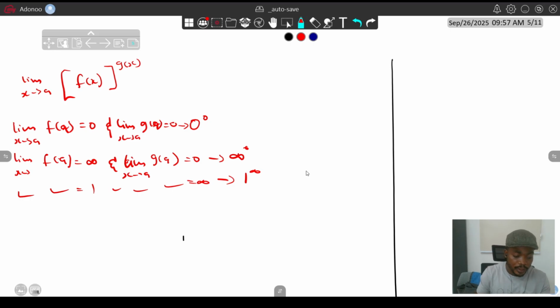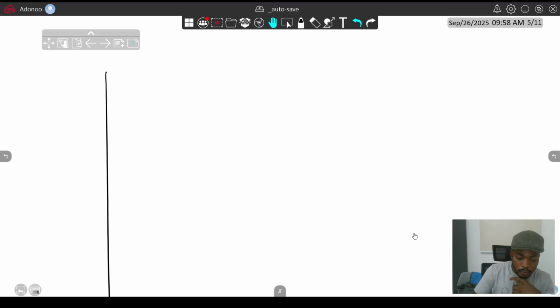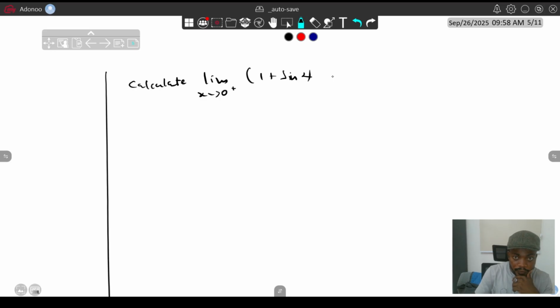So we have a question here which says that we should calculate the limit as x approaches 0 of 1 plus sine 4x raised to the power cot x. So what happens when we put in cot x, right?